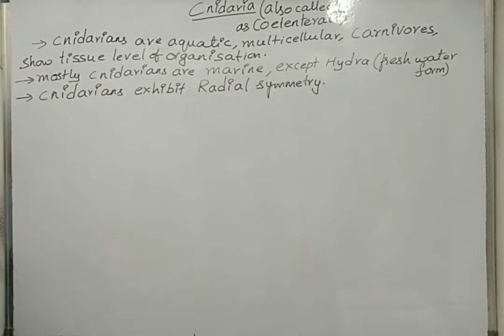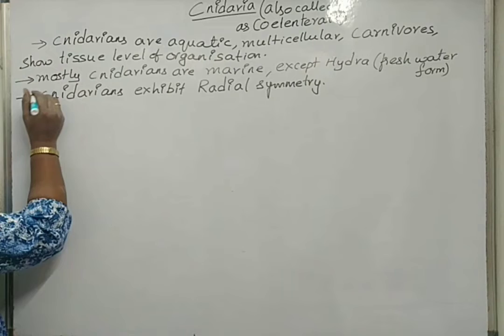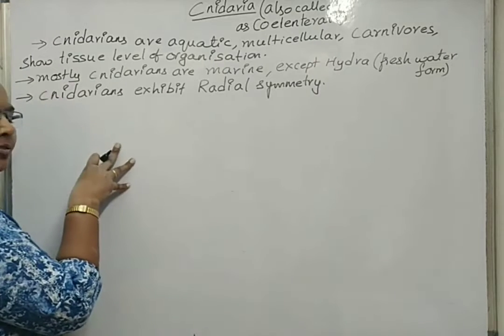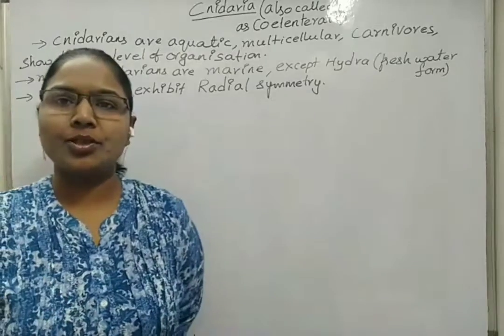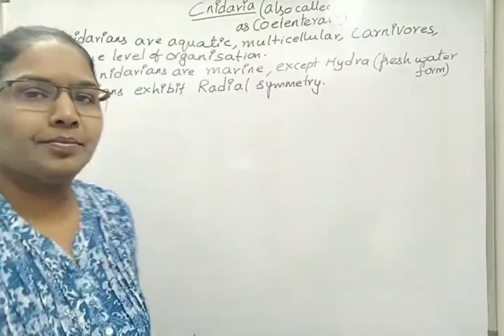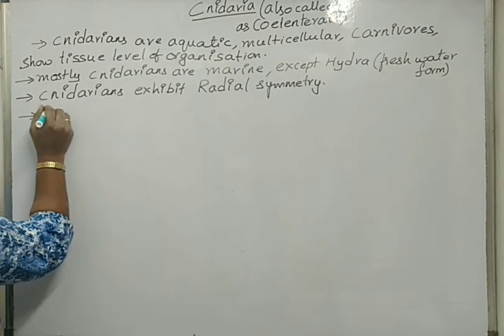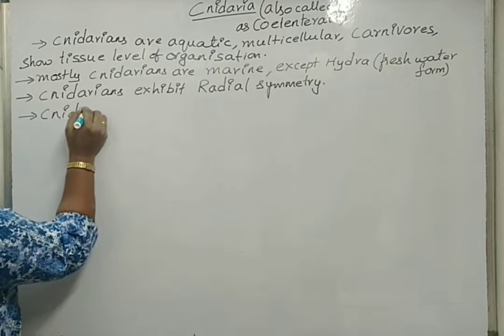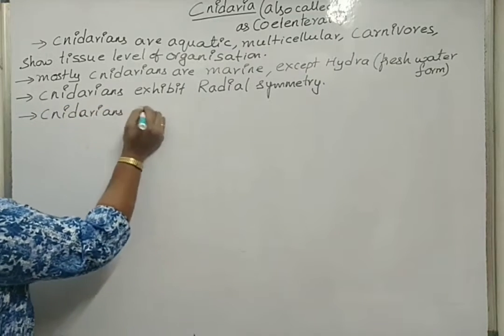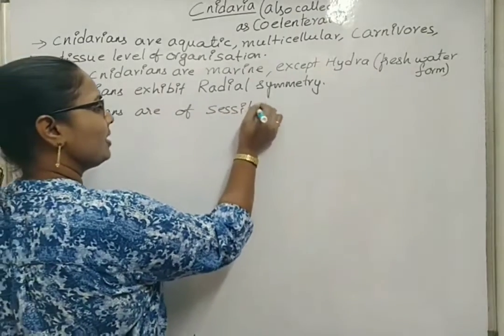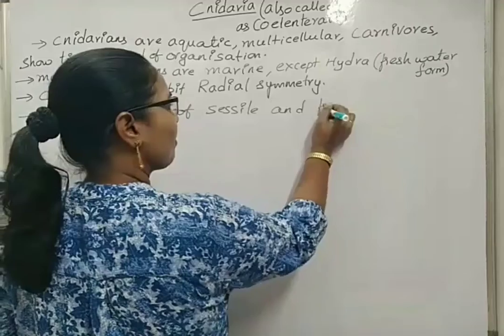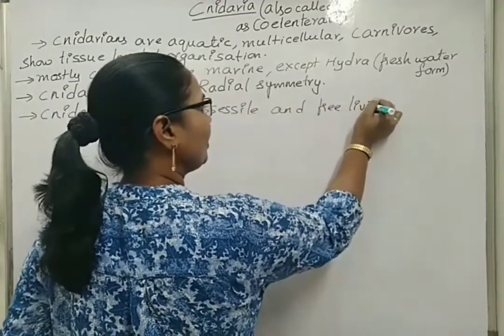Cnidarians basically are sessile forms, but there are some free swimming forms also. Sessile means organisms that do not move from their original place. Cnidarians are of sessile and free living forms.